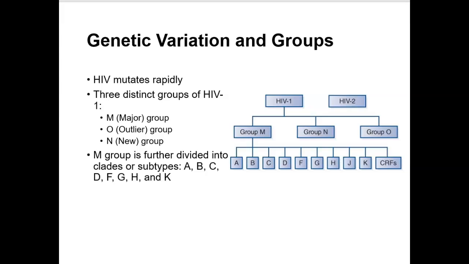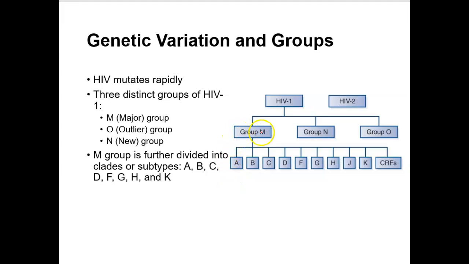So there are a lot of different strains of HIV. There are different strains of HIV-1 and different strains of HIV-2, and we're going to focus on HIV-1. So we've got the major group, which is just abbreviated M, and then we've got these other two groups, outlier and new.